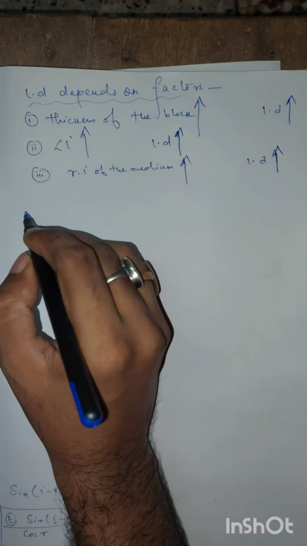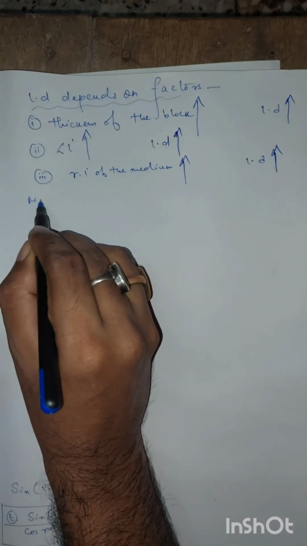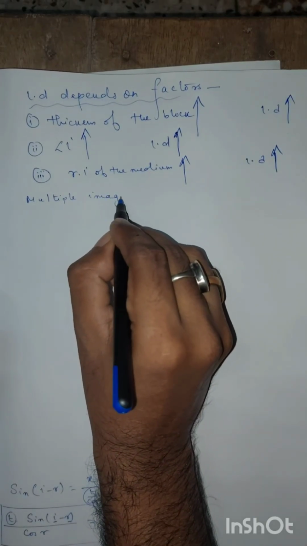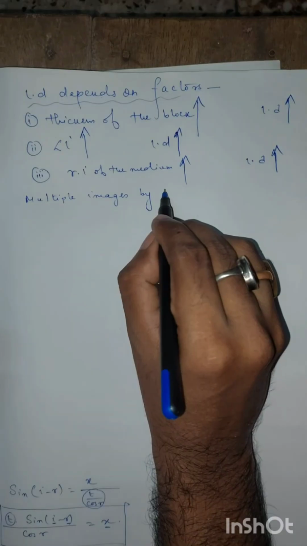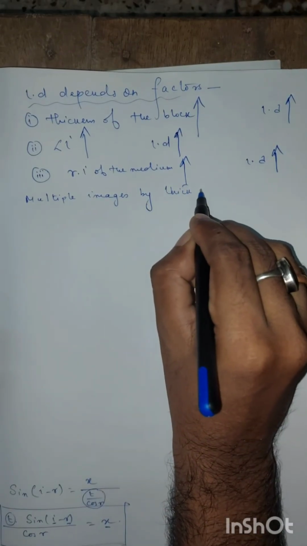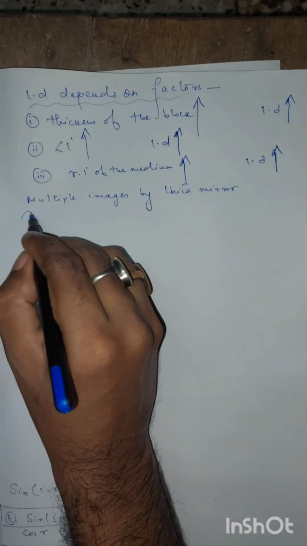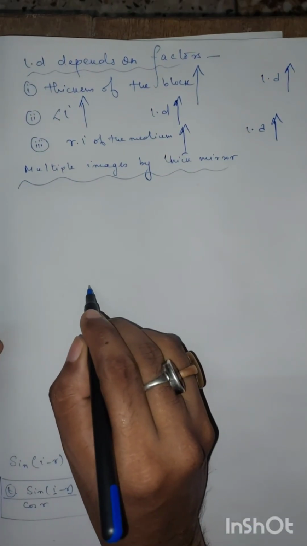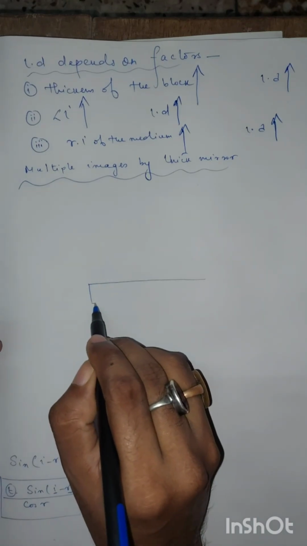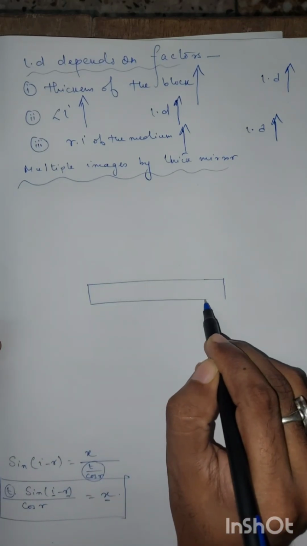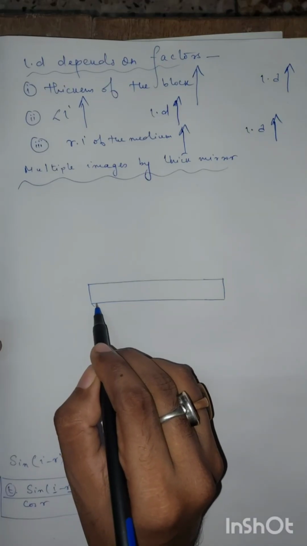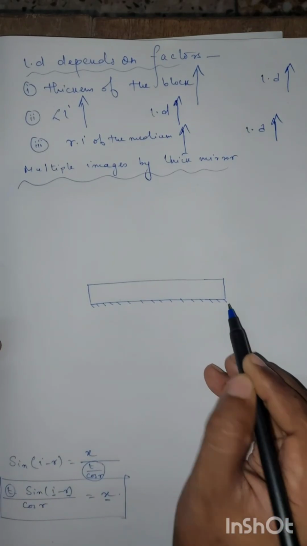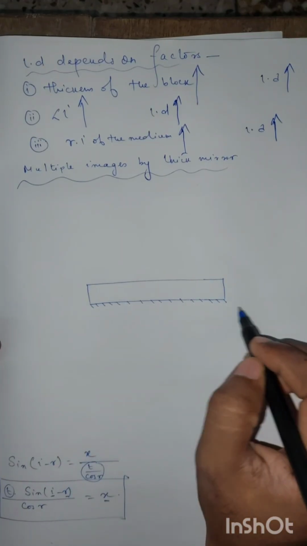Now, let us come to the next point. Multiple images by a thick mirror. Let us assume we have a thick mirror. This surface is silvered. This is the reflecting surface. This is the thickness of the mirror.